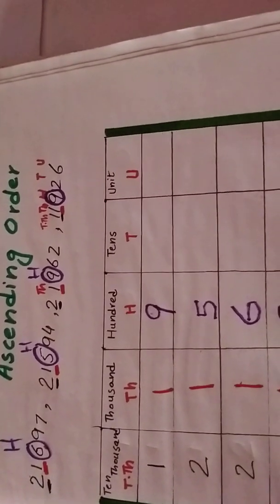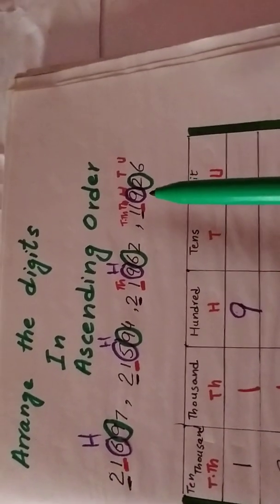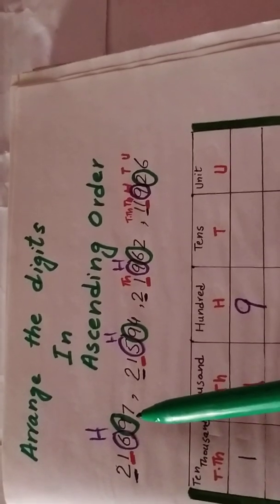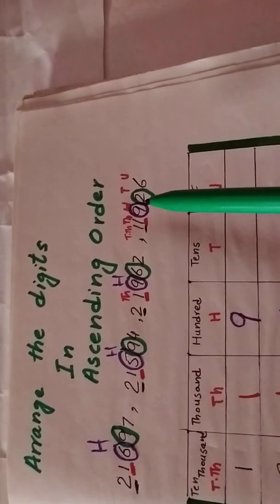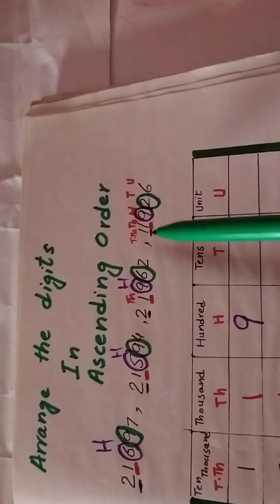Now the turn is the 10 place. In 10 place, the values are 2, 6, 9, 9. The smallest value is 2. We write 2 with their related family.